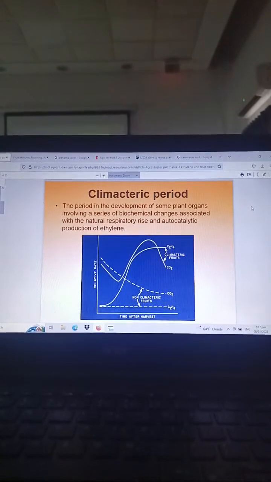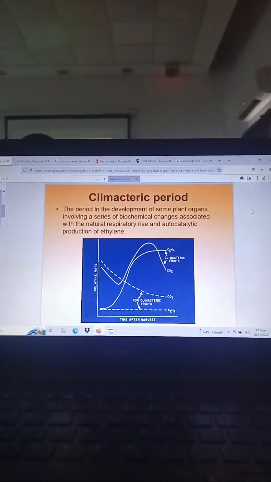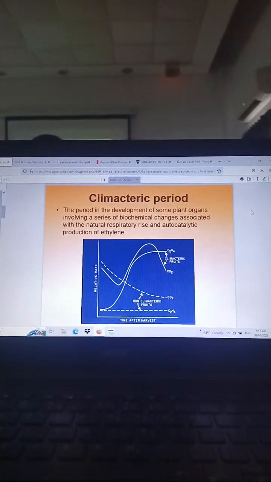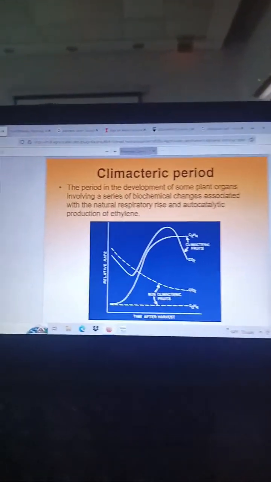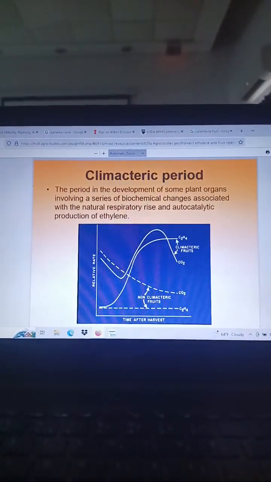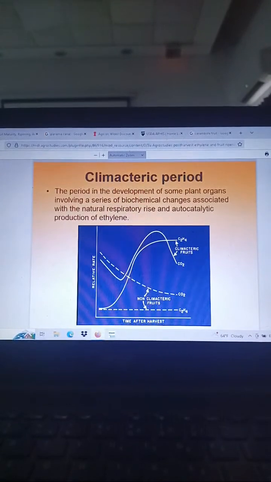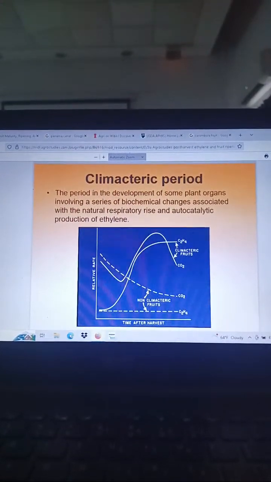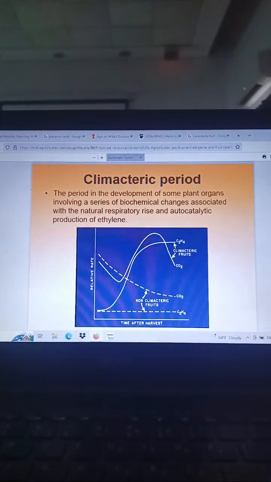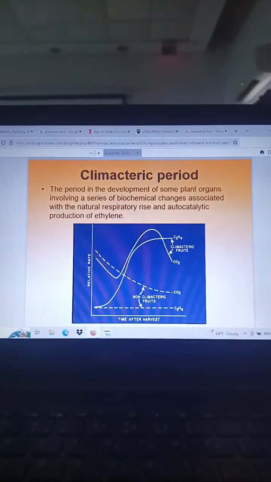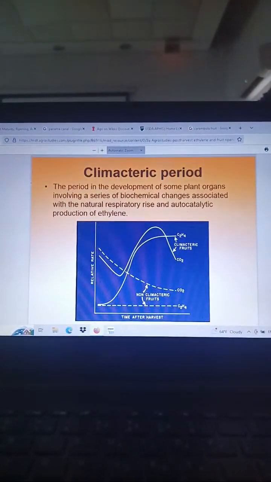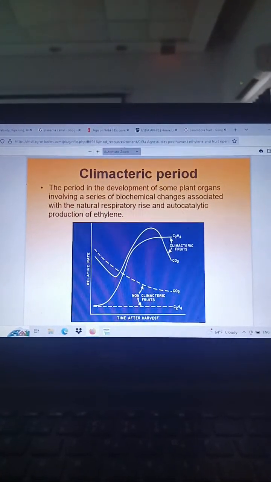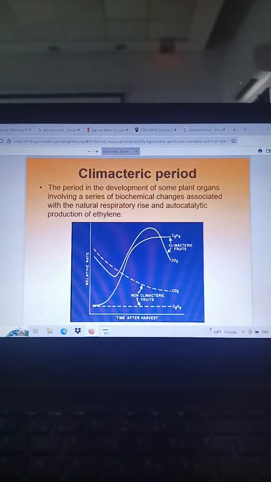So, a climacteric fruit is a fruit where there is a big change. For example, avocado. You know avocado never ripens on the tree. You know it? Never. Why? You don't have ethylene on the tree. Only after the avocado is detached from the tree does it start to make ethylene. That's nice.